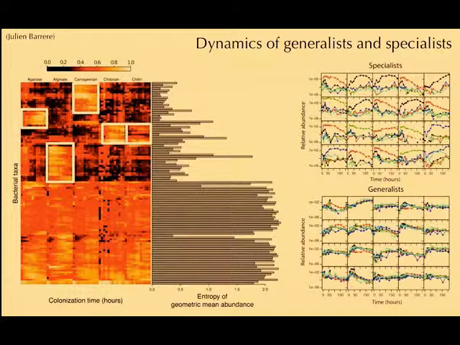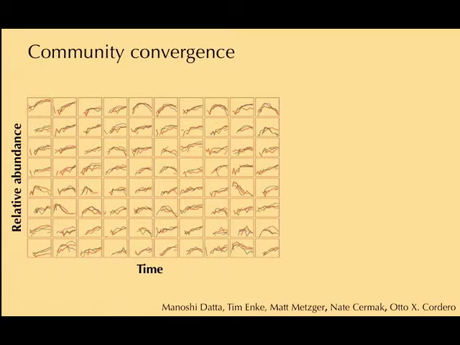But anyway, the last thing I want to say about this is, we can ask, if all these generalists, or I should call them again broad range taxa, appear at the beginning of the succession and the specialists appear at the end, what you would have effectively is that the dynamics of the communities are diverging towards their specialists.